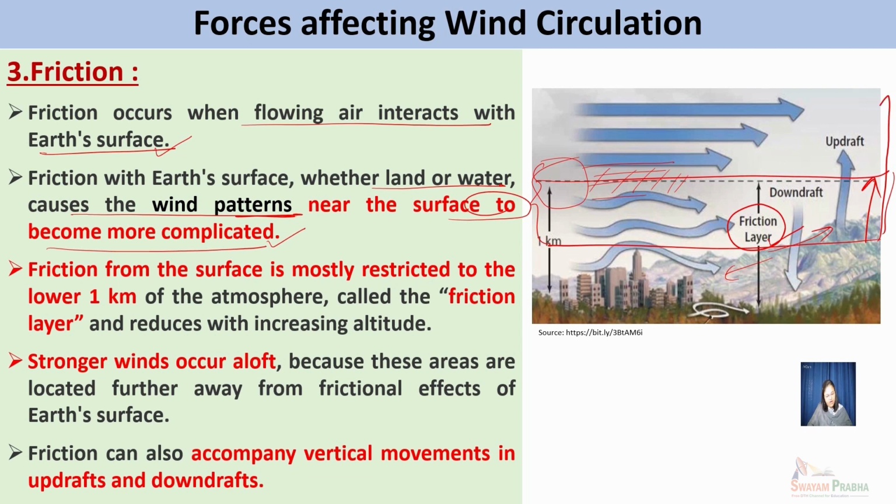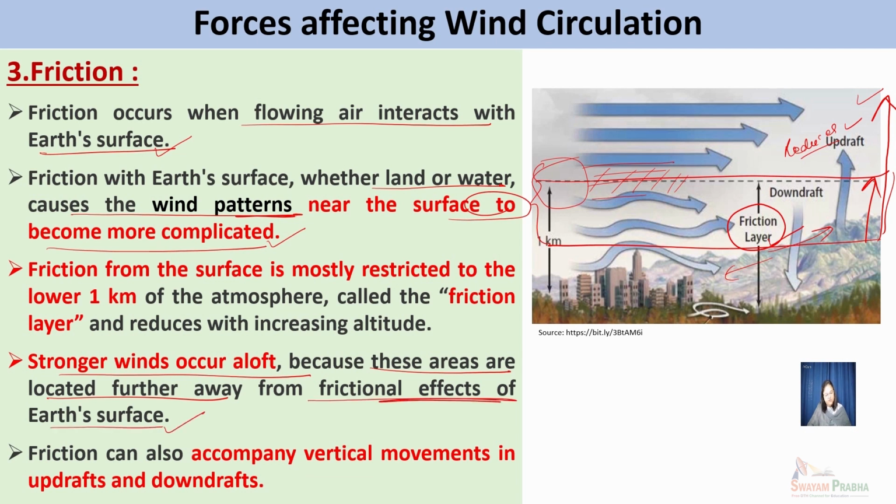As you move up altitudinally, the friction reduces because the interaction between the Earth's topographical features, constructed buildings, and other features is reduced as you move up in the atmosphere. So stronger winds occur aloft because these areas are located further away from the frictional effect of the Earth's surface.